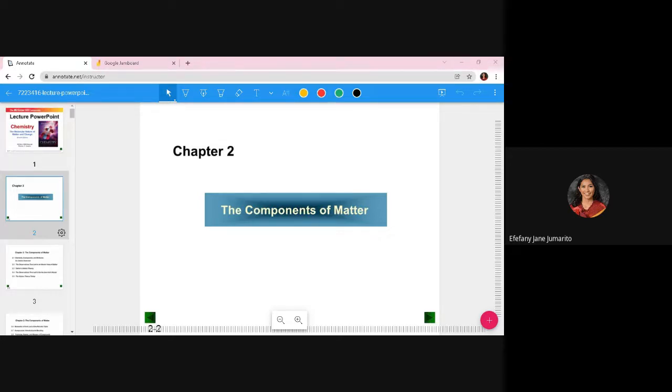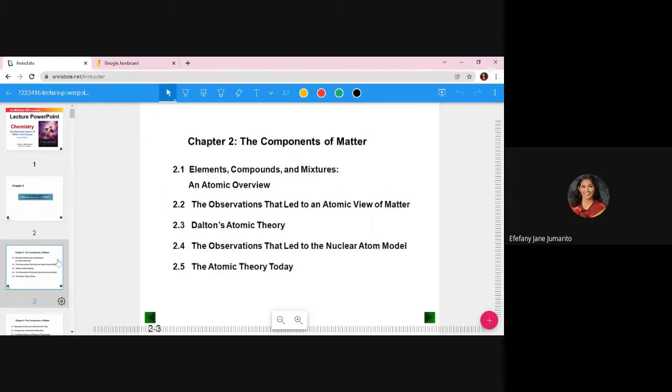Okay, so now in this chapter, we have the components of matter: elements, compounds, and mixtures.